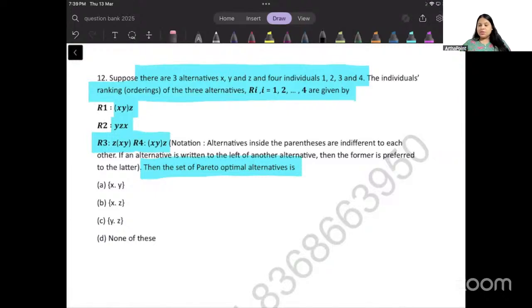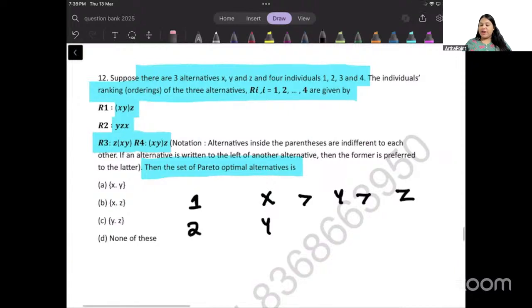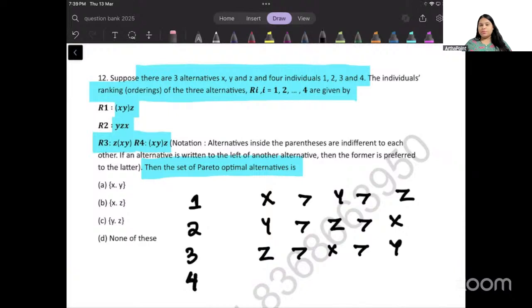बेटा देखो, इंडिविजुअल 1 X को Y के ऊपर और Y को Z के ऊपर प्रेफर करता है. इंडिविजुअल 2 Y को Z के ऊपर और Z को X के ऊपर प्रेफर करता है. इंडिविजुअल 3 Z को X के ऊपर और X को Y के ऊपर प्रेफर करता है. और इंडिविजुअल 4 X को Y के ऊपर और Y को Z के ऊपर प्रेफर करता है. राइट.